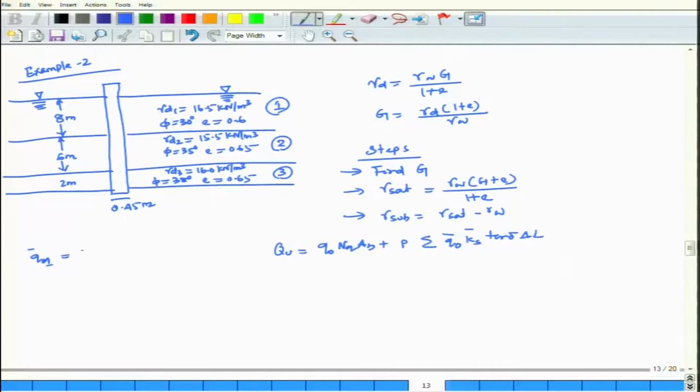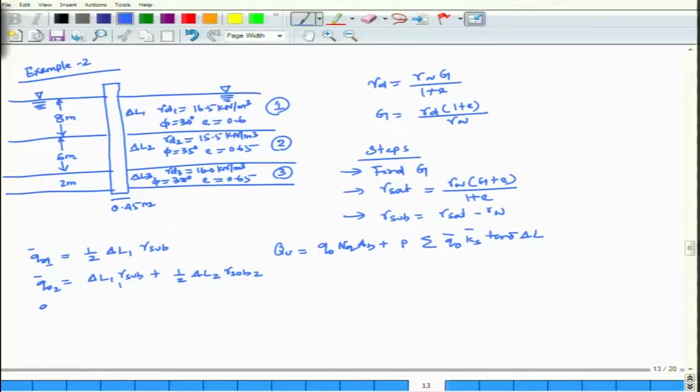So, which is equal to half delta L1 gamma submerged 1. Q0 bar 2 is equal to delta L1 gamma submerged 1 plus half delta L2 gamma submerged 2. This is my delta L1, this is my delta L2, this is my delta L3.